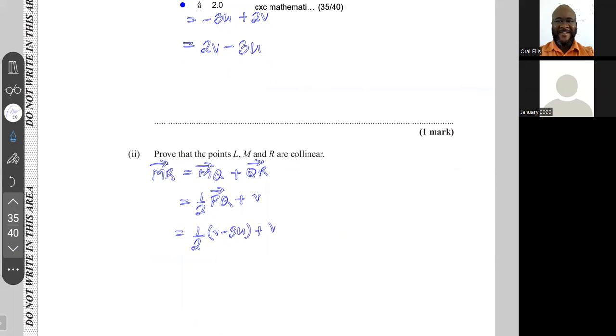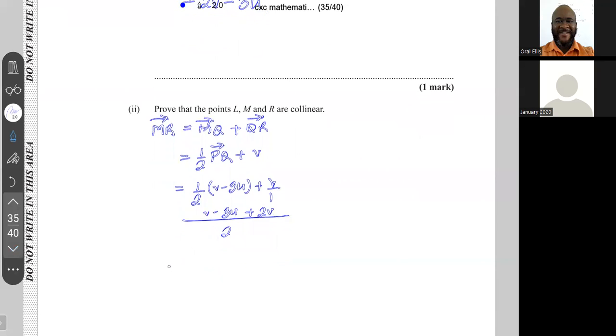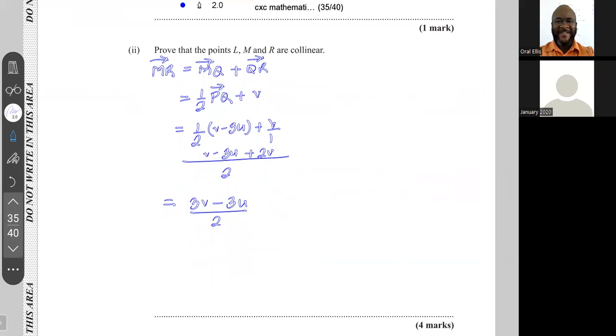It's V minus 3U. So this is a half of V minus 3U plus V over 1. LCM is 2. 2 into 2 is 1. 1 times V minus 3U is V minus 3U. 1 into V is V. 1 into 2 is 2. 2 times V is 2V. So this is actually equal to 3V minus 3U over 2. 3 is common at the top.